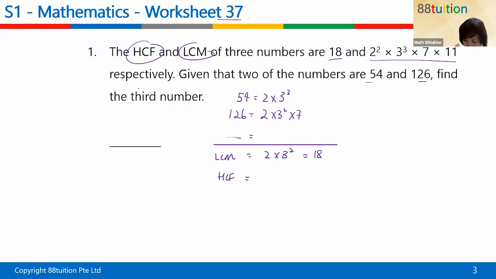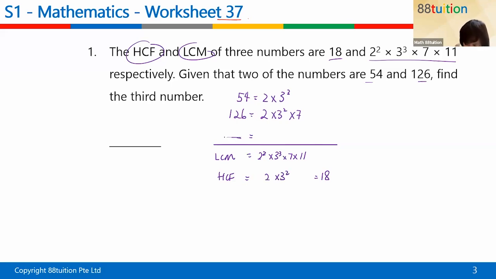So for this one, the HCF, 2 to the power of 2 times 3 to the power of 3. And my LCM is this. Okay. 18. So 2 to the power of 3 to the power of 2.